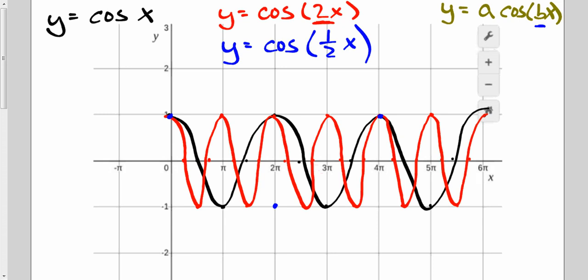Remember, it took me from 0 to 2 pi to finish the cycle with my black curve, but it's going to take me from 0 to 4 pi to finish the cycle in my blue curve, because it goes half as quickly. And then here it'll be at -1 as well, and it'll be like that.